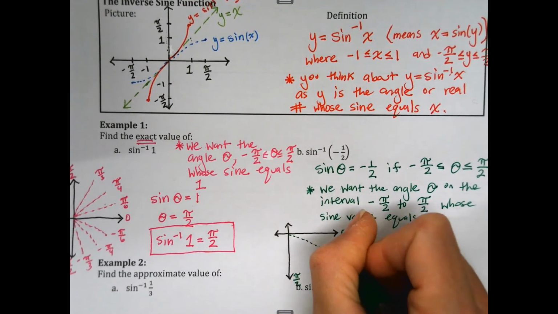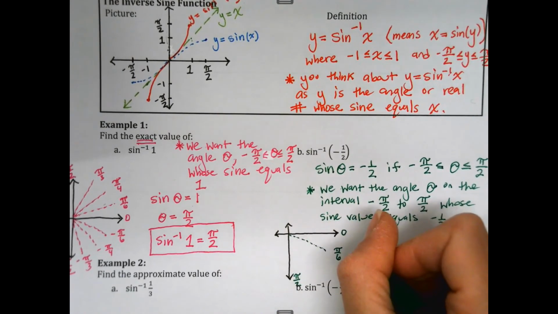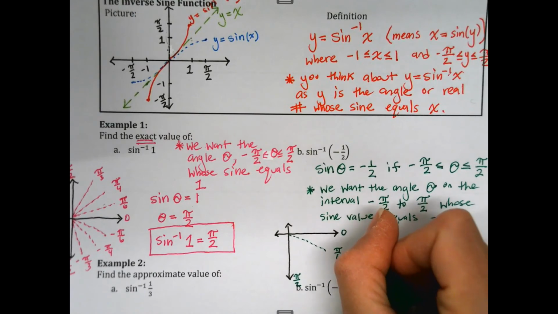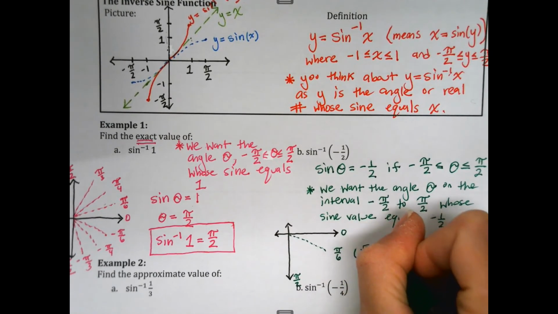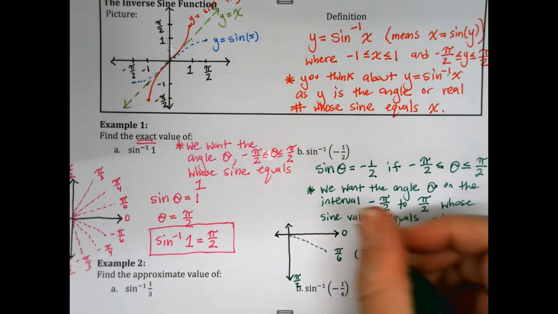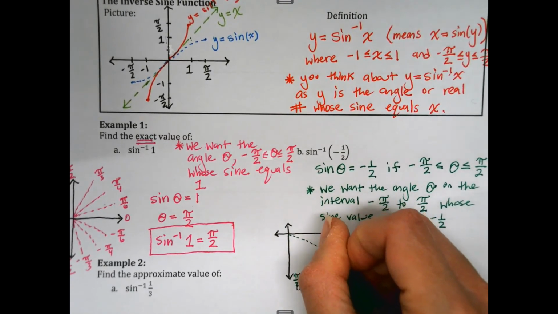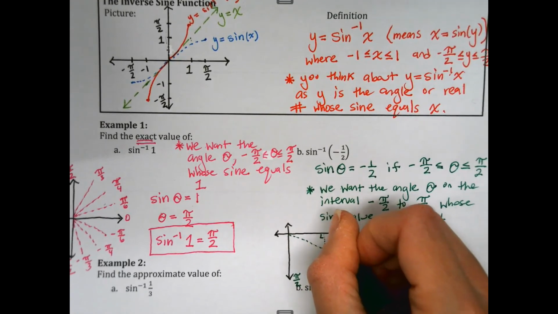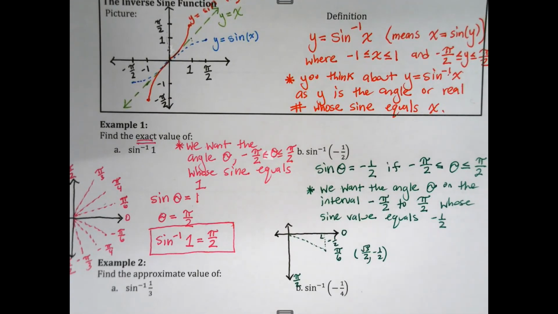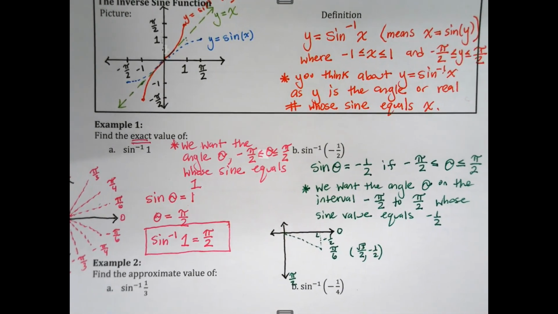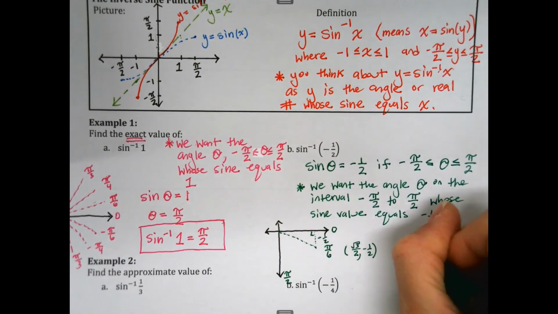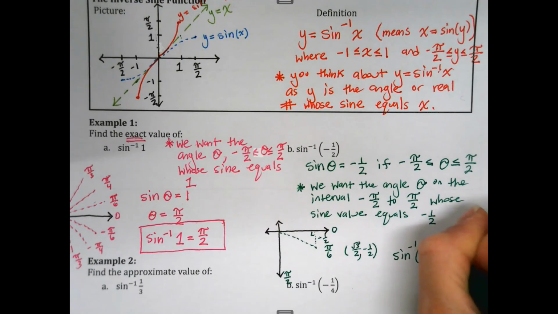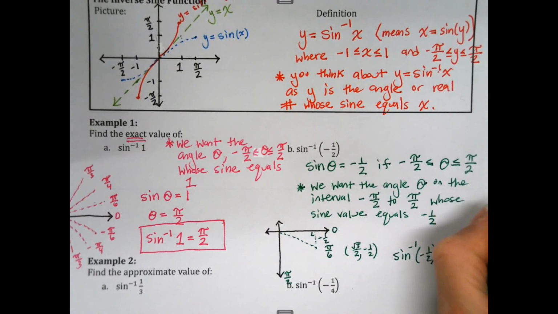Well, at negative pi over 6, we have the ordered pair, the square root of 3 over 2, and negative 1/2. Therefore, our height in here is negative 1/2, and that is the sine value. So we would say that the inverse sine of negative 1/2 is equal to negative pi over 6.